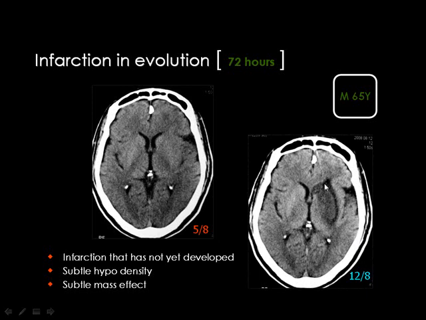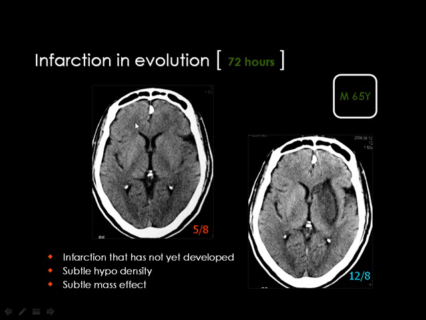But this infarction, which appeared some time after the onset of the stroke, is known as infarction in evolution. And in infarction in evolution, the maximum time for the infarction to appear in the CT scan is about 72 hours after the onset of symptoms.